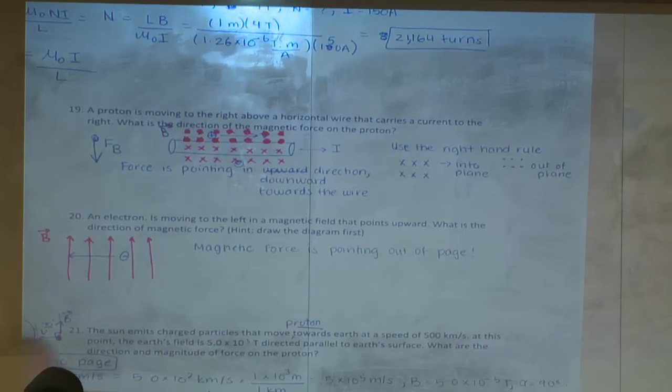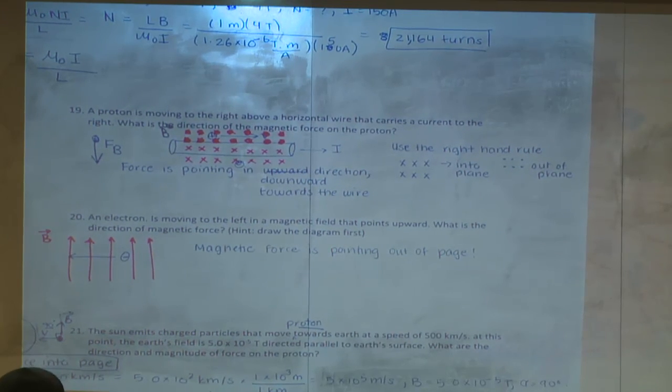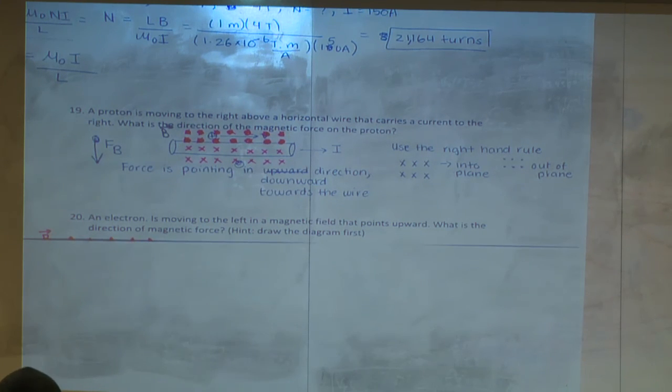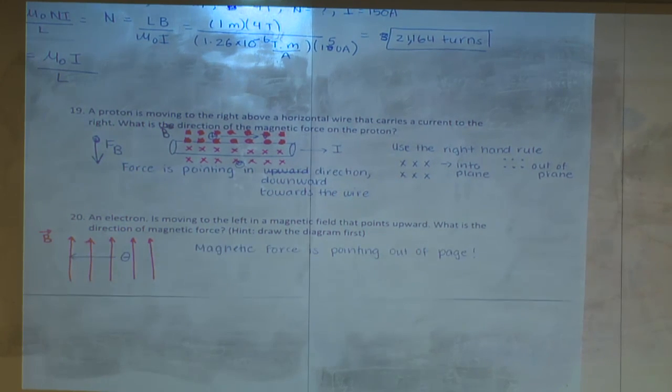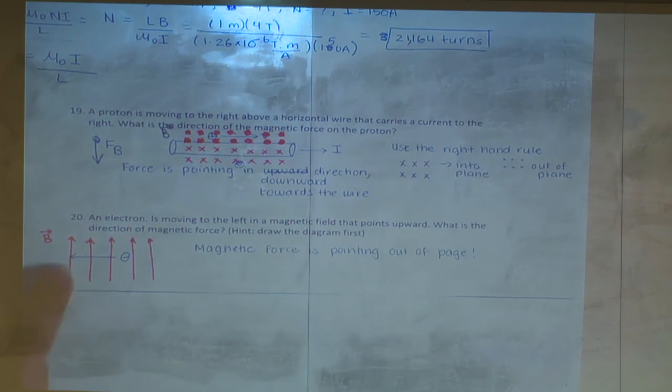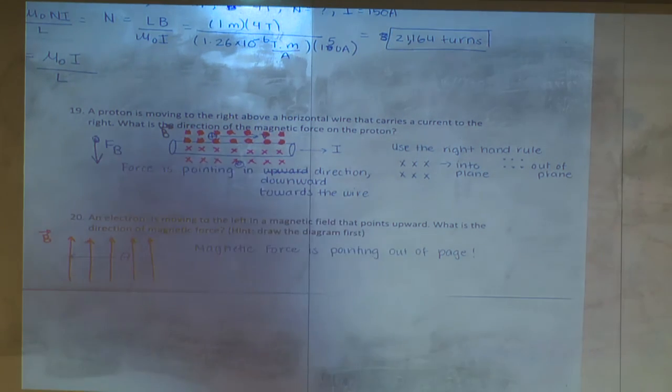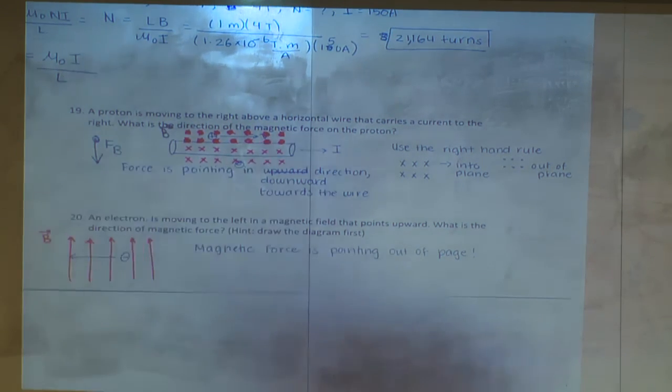Okay, so number 20 asks for the direction of magnetic force when we're given the direction of magnetic field and electron, right? When you draw the diagram, it should look something like this, where you have your magnetic field pointing upwards and then your electron is facing towards left. If we do the right-hand rule on this, it's going to initially point into the page, right?